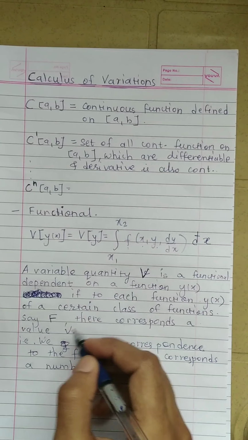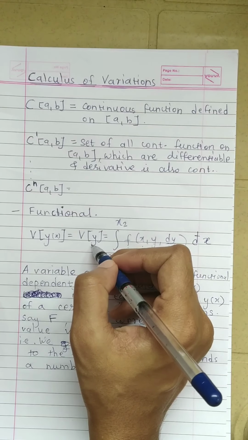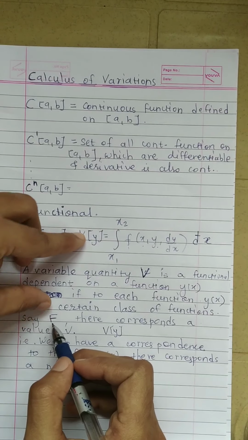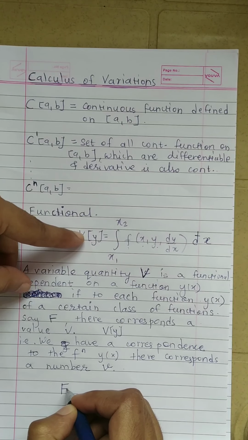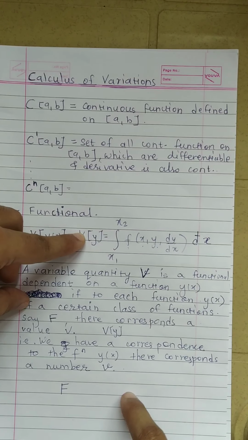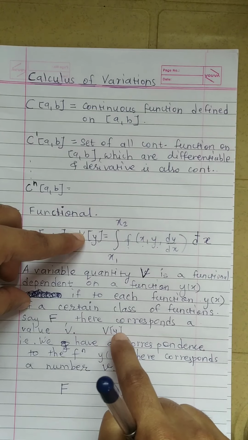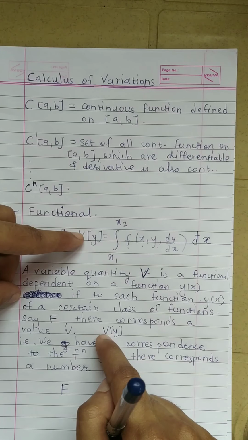In fact this will become v of y. Like we have said, if we have some class of functions capital F, and corresponding to every function which belongs to this class there corresponds a number v of y, then that v is called a functional.